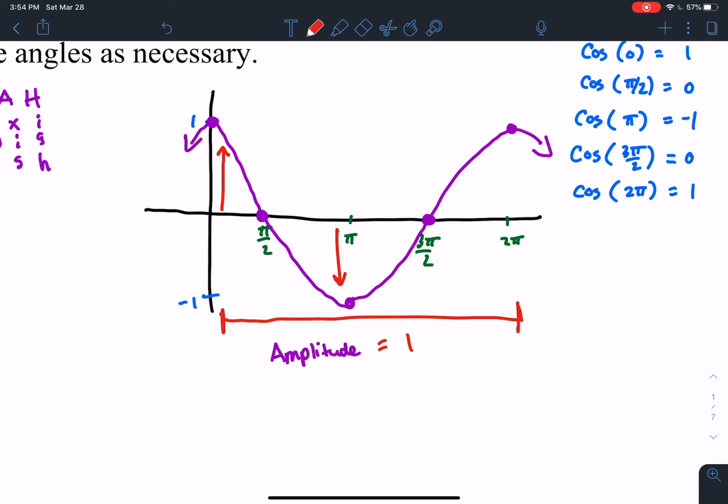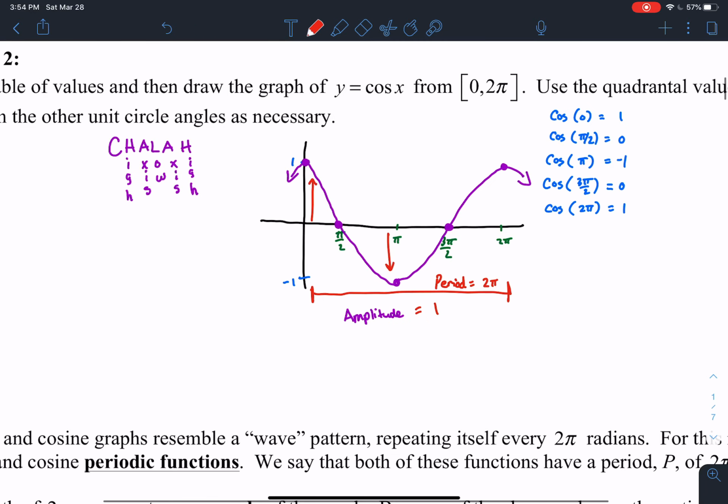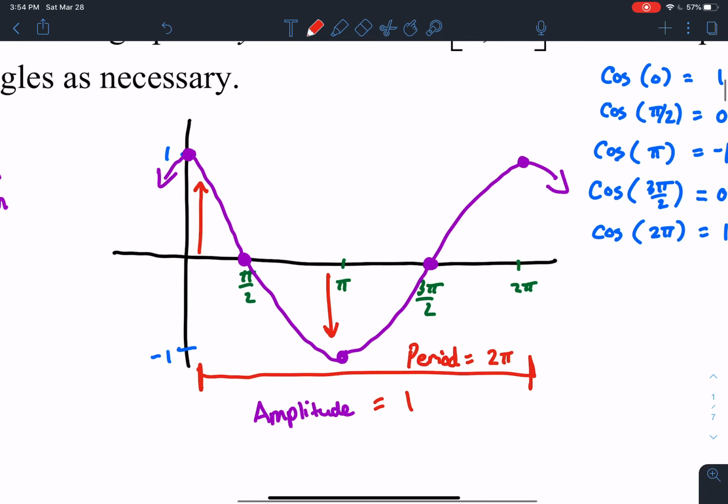That again is going to be 2 pi. So sine and cosine have that in common. They have the same amplitude and the same period, if you're just talking about the regular parent functions. The domain is again all real numbers, and the range is the same thing, -1 to 1.